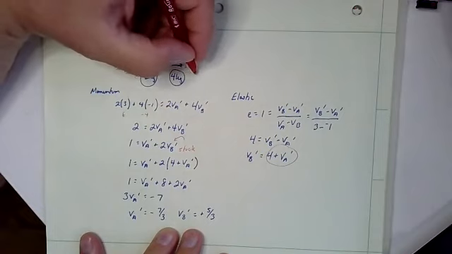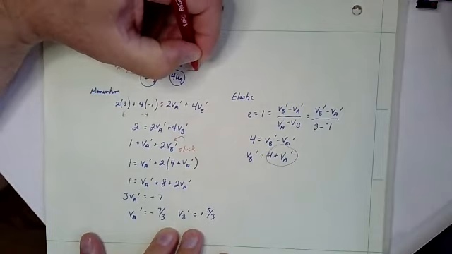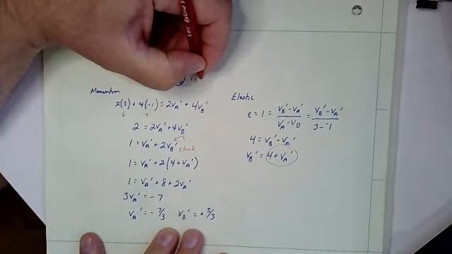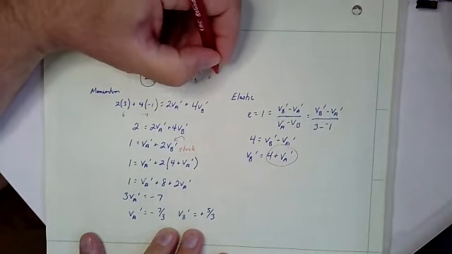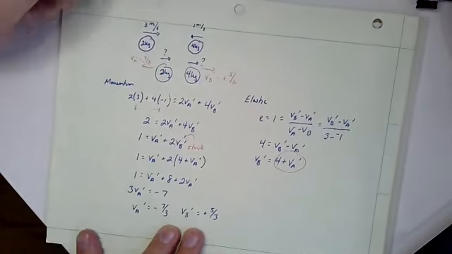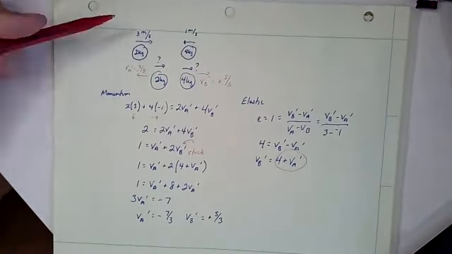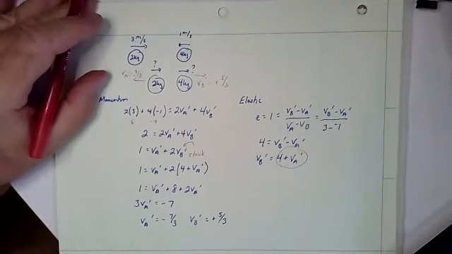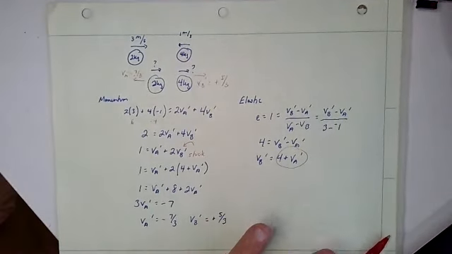And then VB prime goes this way. Which makes sense because the smaller mass is actually going to recoil backward. All right, I hope this example was helpful.